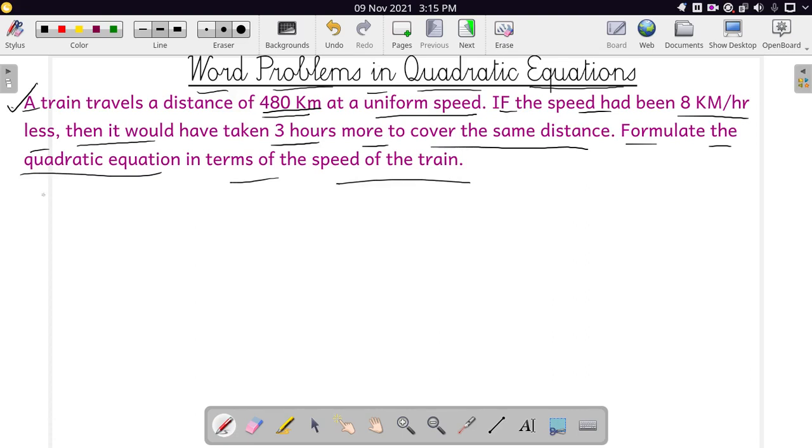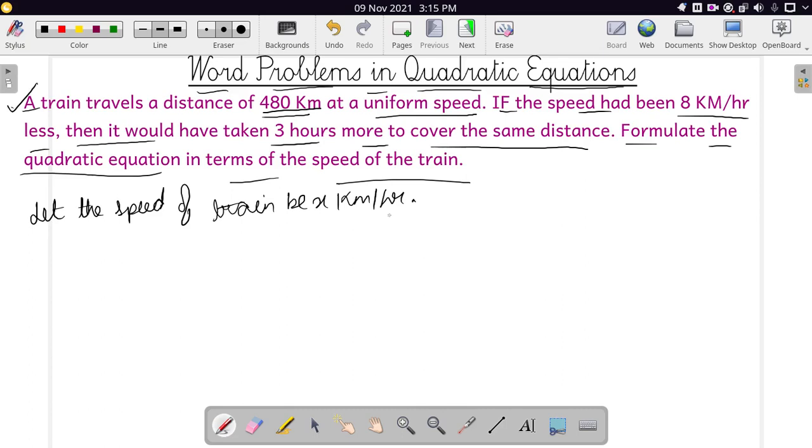So first, let the speed of the train be x kilometer per hour. And one thing we need to keep in mind, these types of questions will carry around 3 or 4 marks. So the writing part, what we are writing in this question, is very important.